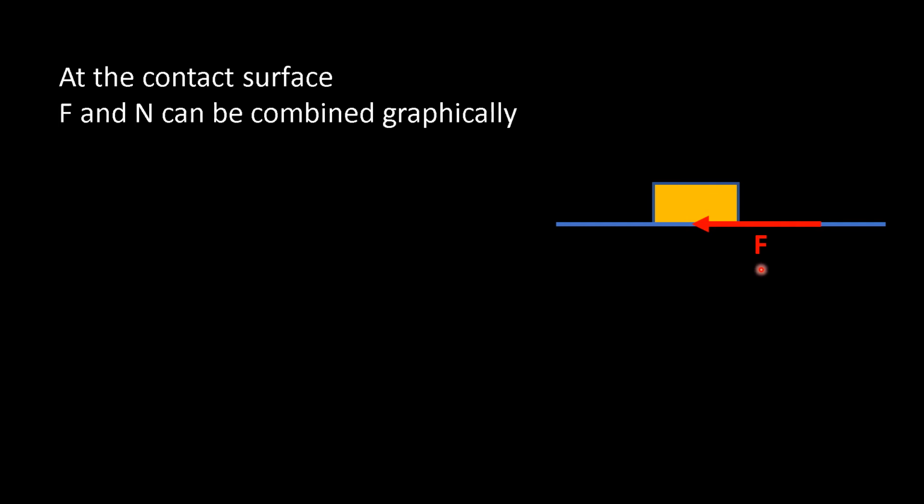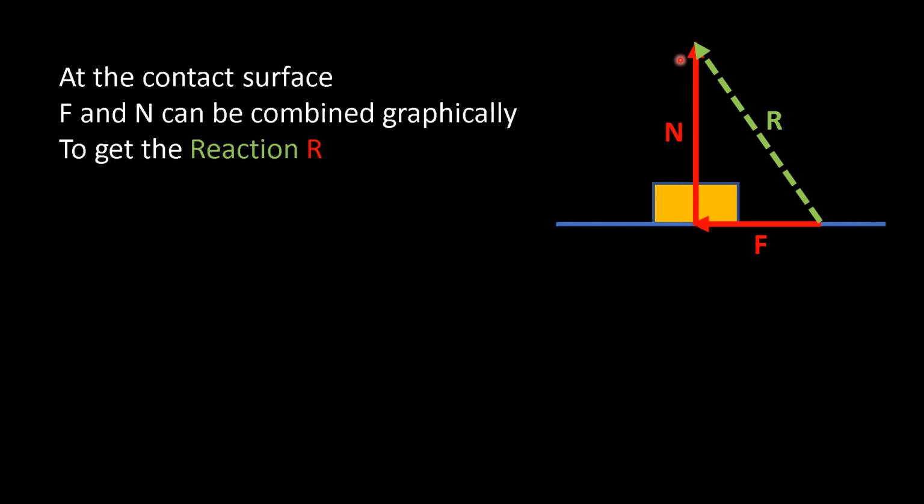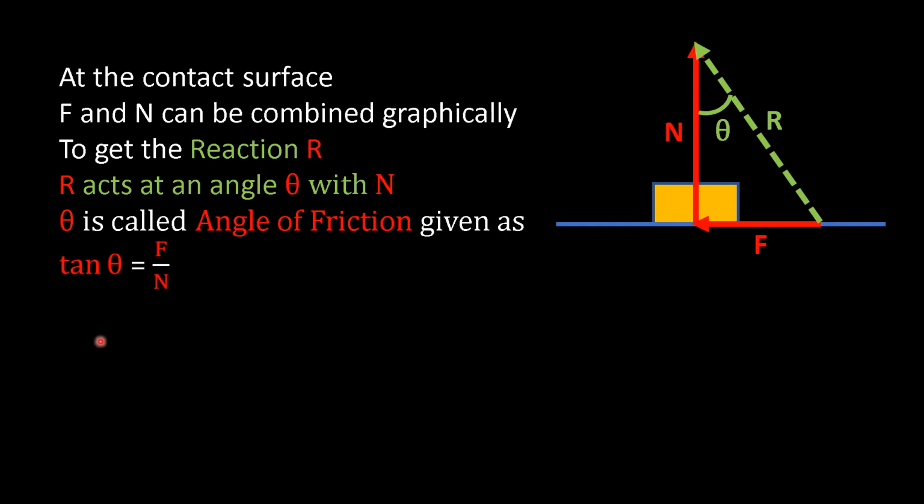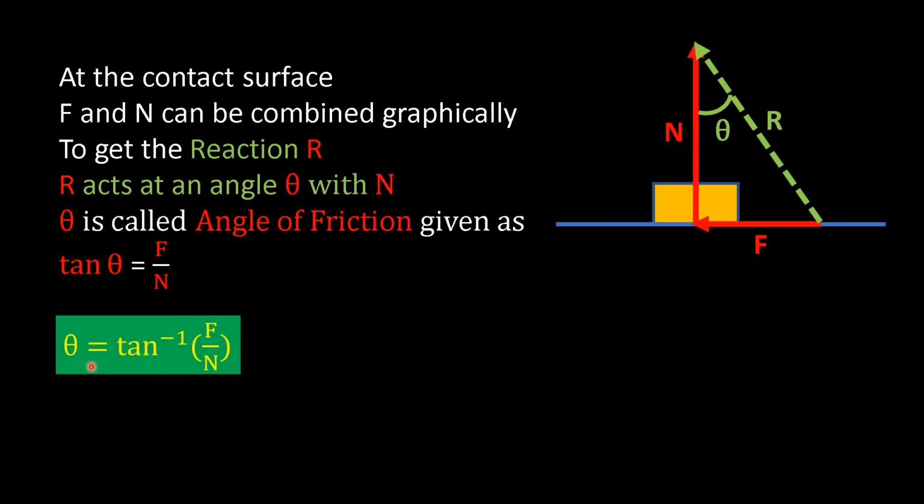This is F, the force of friction, and the normal reaction N, to get the reaction R. R acts at an angle θ with N. This is the angle θ. θ is called the angle of friction, which is given as tan θ = F/N. So θ = tan⁻¹(F/N).